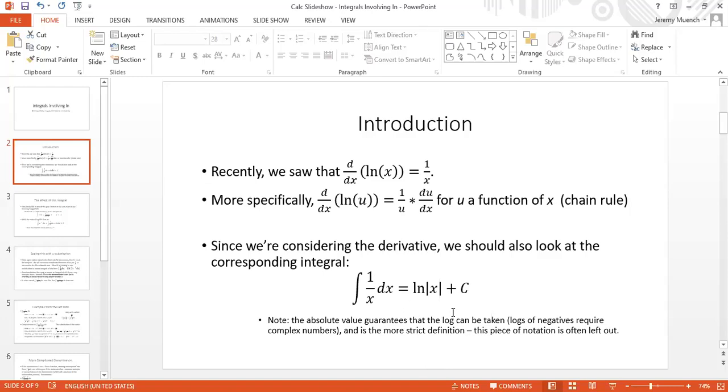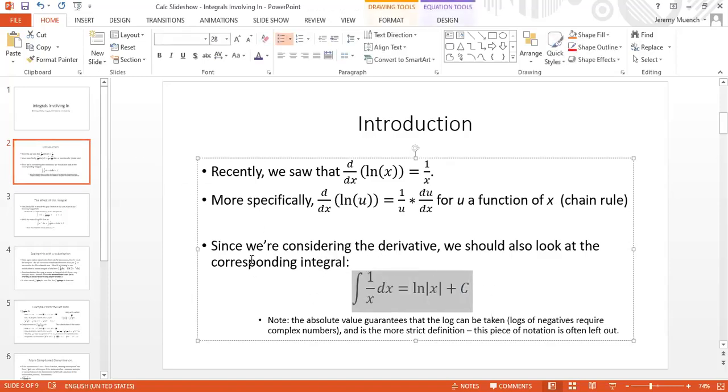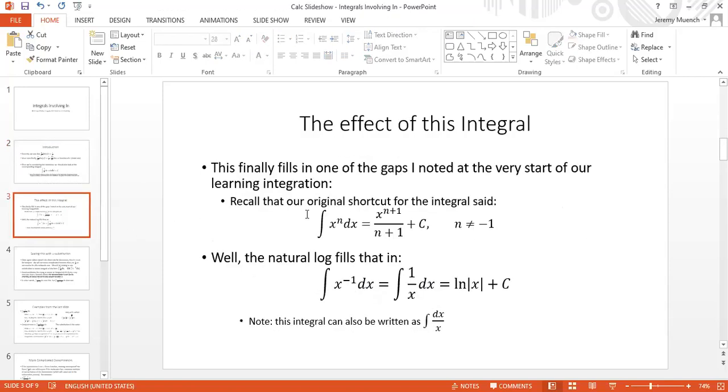This is fine. So anyway, let's talk about what exactly is going on with this integral, because this is hopefully clear enough. If we just had the integral of 1 over x dx, it gives us ln of the absolute value of x plus c. One of the first things that this gives us is that it finally fills in the last gap we have for x to some arbitrary exponent.